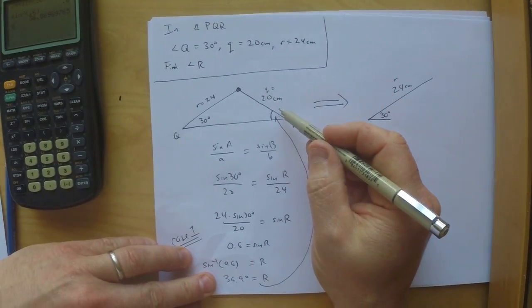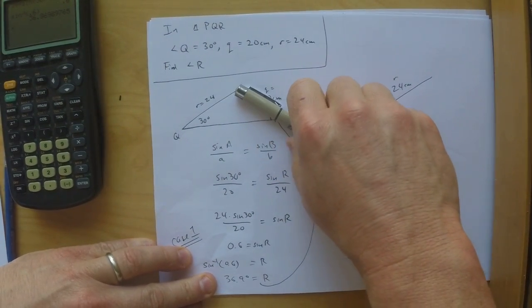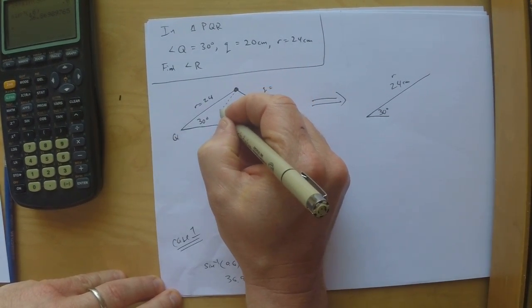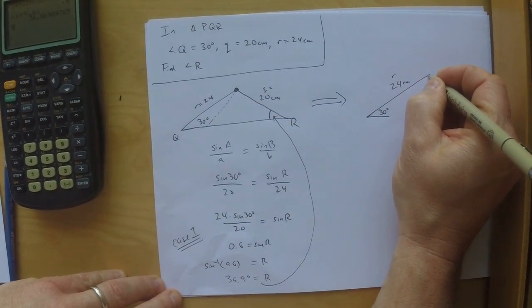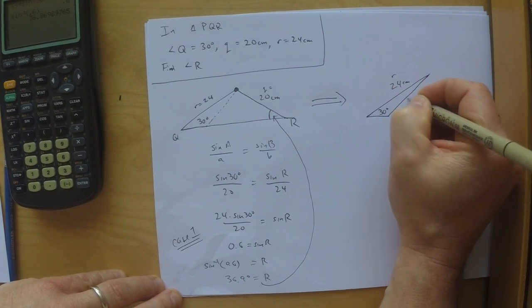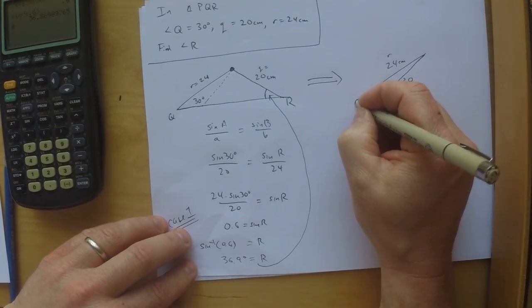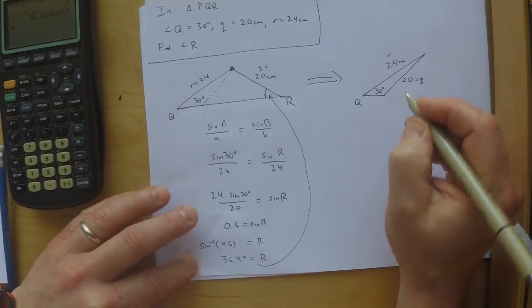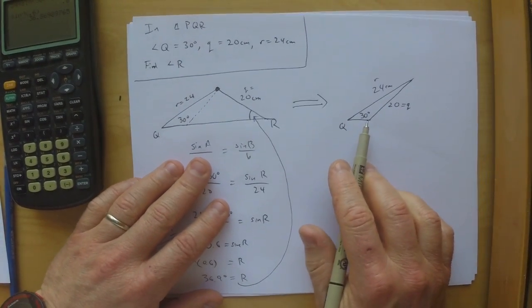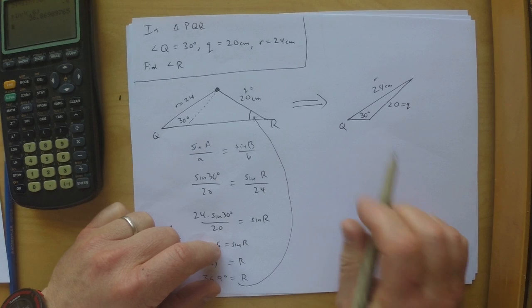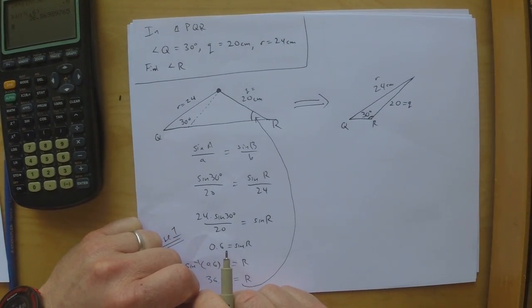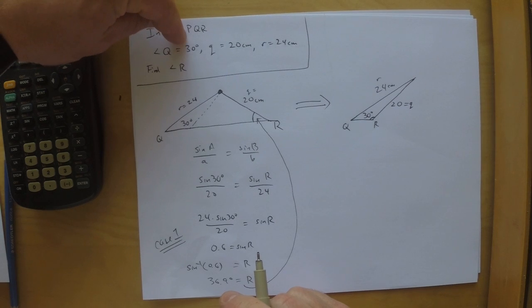This 20 centimeter length could have rotated over to here, and it could have been drawn like this. And look at that very carefully. That's the same Q, the same little r, the same little q, with a completely different shaped triangle, with a completely different size of angle R. And that meets the same question.